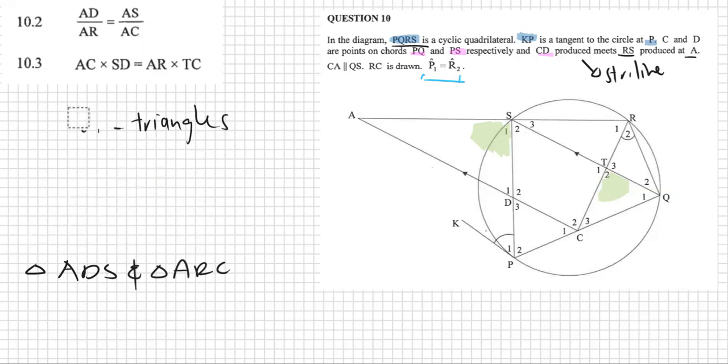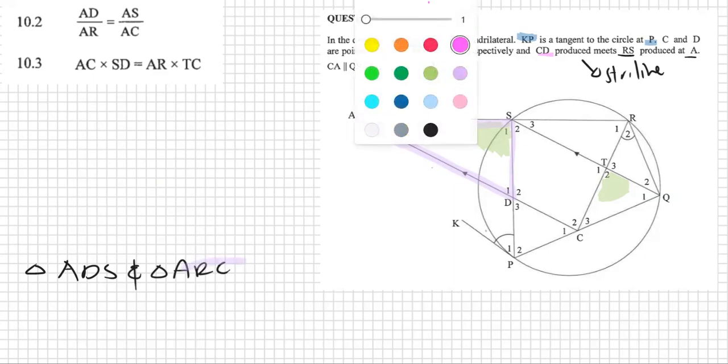So these two triangles, let's get them highlighted. So ADS or ASD is here. We have to prove similarity between this triangle and ARC.